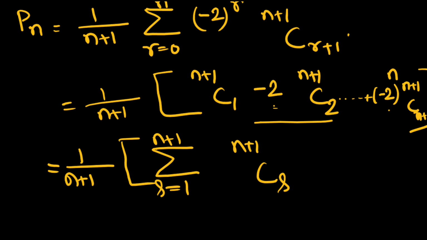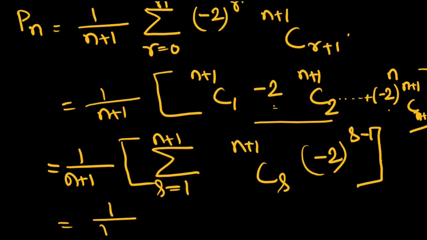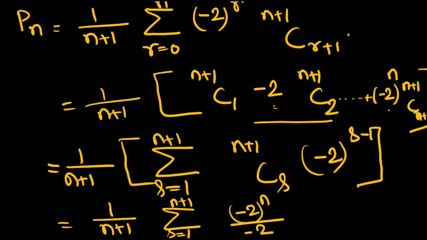So it runs from s is equal to 1 to n plus 1, and that is minus 2 to the power s minus 1. Therefore it is 1 over n plus 1 summation running for s is equal to 1 to n plus 1 of minus 2 to the power s, divided by minus 2, times n plus 1 Cs.